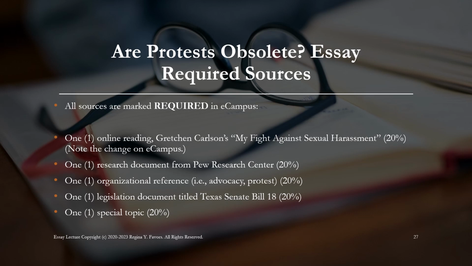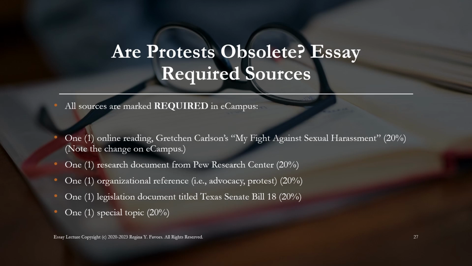So these are your required sources. There's Gretchen Carlson's My Fight Against Sexual Harassment, which was initially in the textbook referenced earlier in this lecture. It is not available for the current essay, so note the change in eCampus. My Fight Against Sexual Harassment is an article that is available online, but it requires a subscription to one of the online articles.